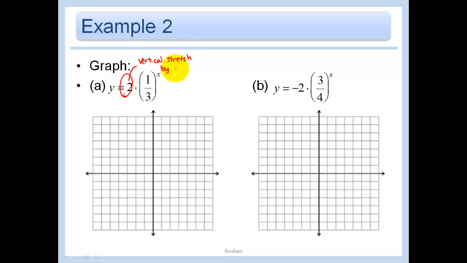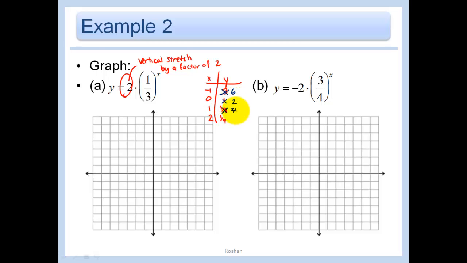by a factor of 2. So I'm just going to take the xy points that I found in my last example: (-1, 3), (0, 1), (1, 1/3), and (2, 1/9). And I'm going to apply this vertical stretch, so multiply all of the y coordinates by 2.